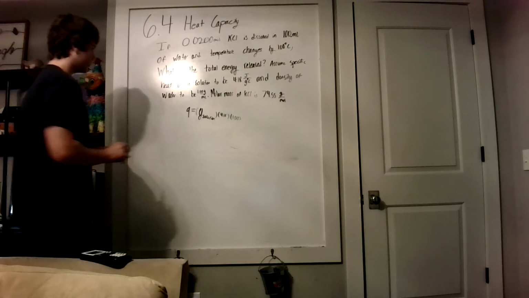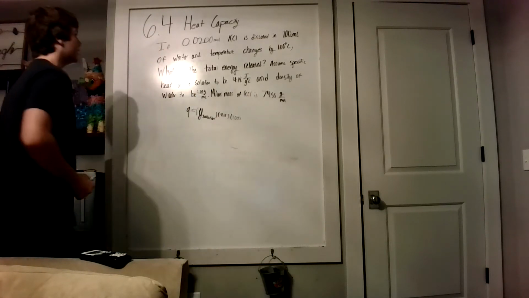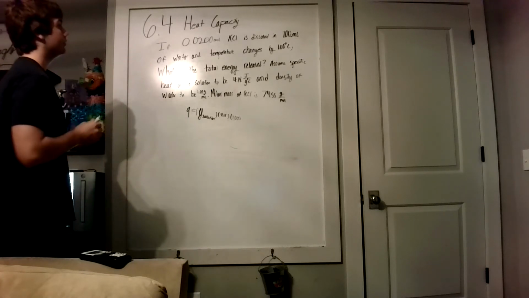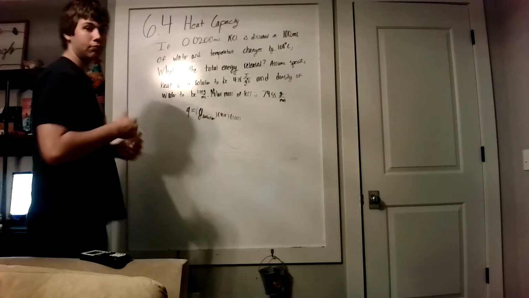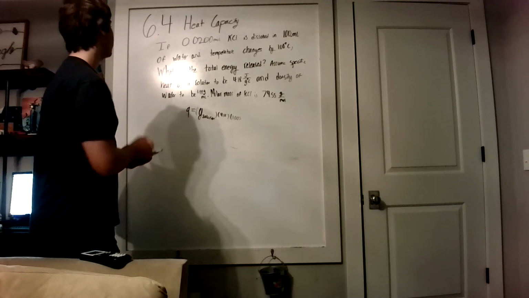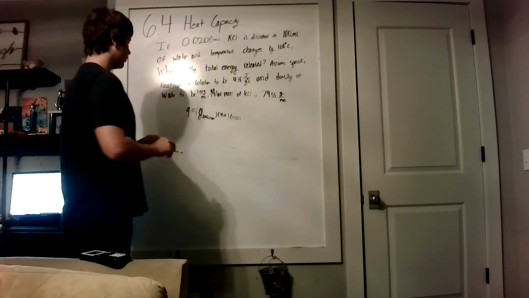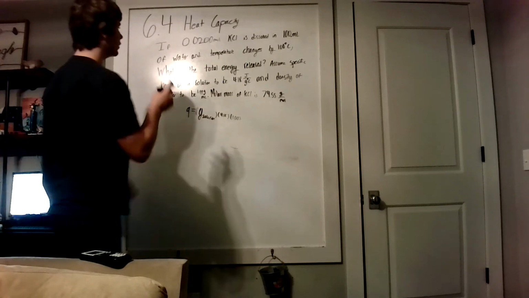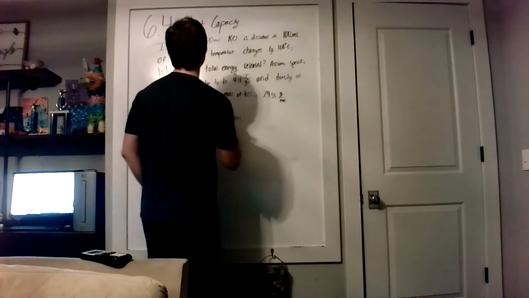So, let's see. First, we need to convert from moles of KCl to mass, and then we can add that mass to the mass of the water, which we can get through the density of water. So let's do moles first.